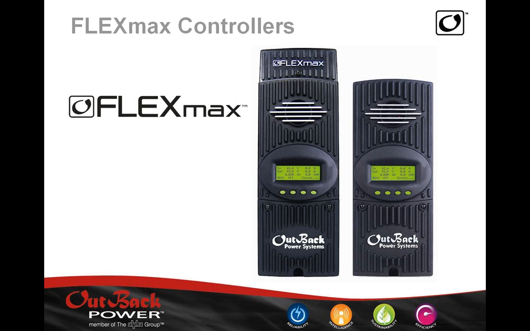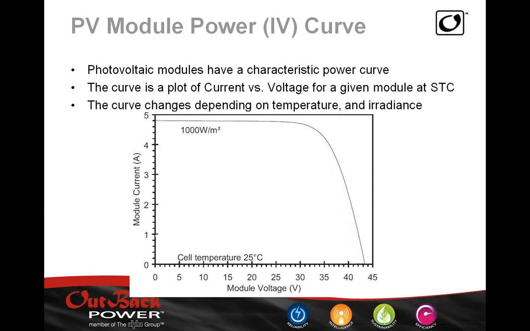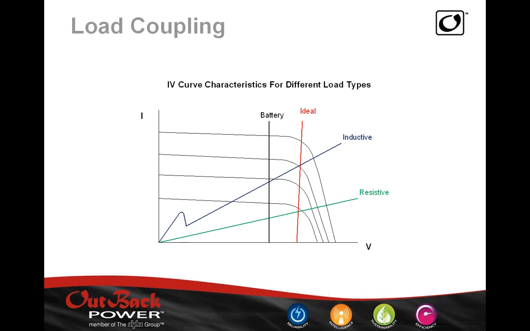So, charge controllers essentially do the charging in a controlled manner. Here we have our typical IV curve. Really what we do is provide an ideal load to the modules.